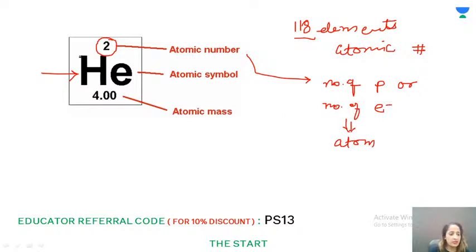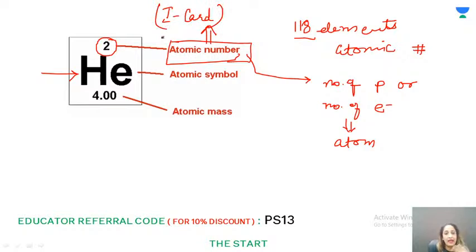Atomic number is the ID card of the element. Every element has a unique atomic number in the periodic table, which means every element in its neutral state will always have a fixed number of protons and a fixed number of electrons, and depending upon that we give it an atomic number.